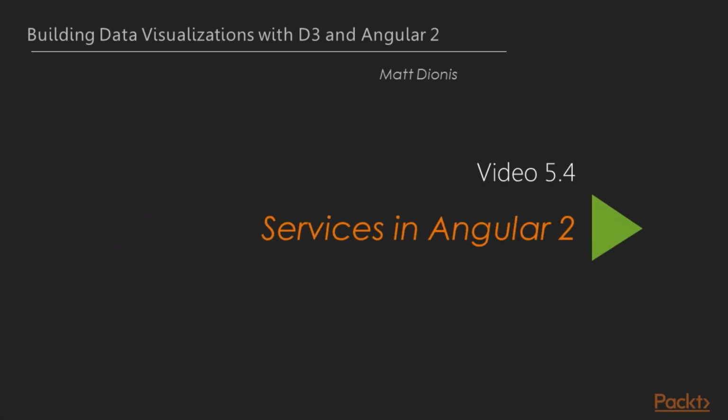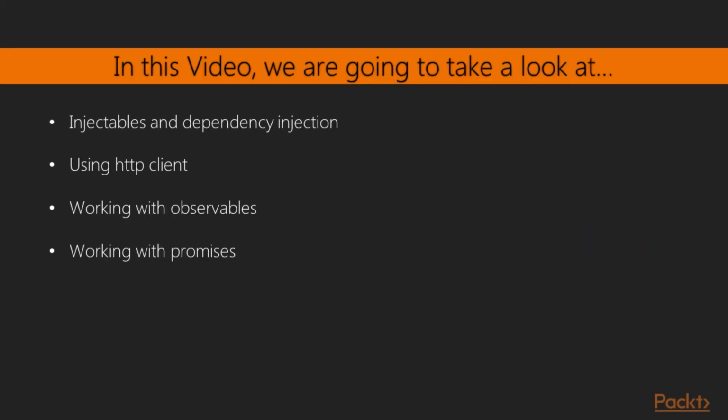We will often be pulling in data from a server or other remote resource and pushing data back up as well. In order to do so efficiently, we will need to learn how to create and use services in Angular 2 applications. We will begin by discussing dependency injection and how to make use of it in order to inject services into components.